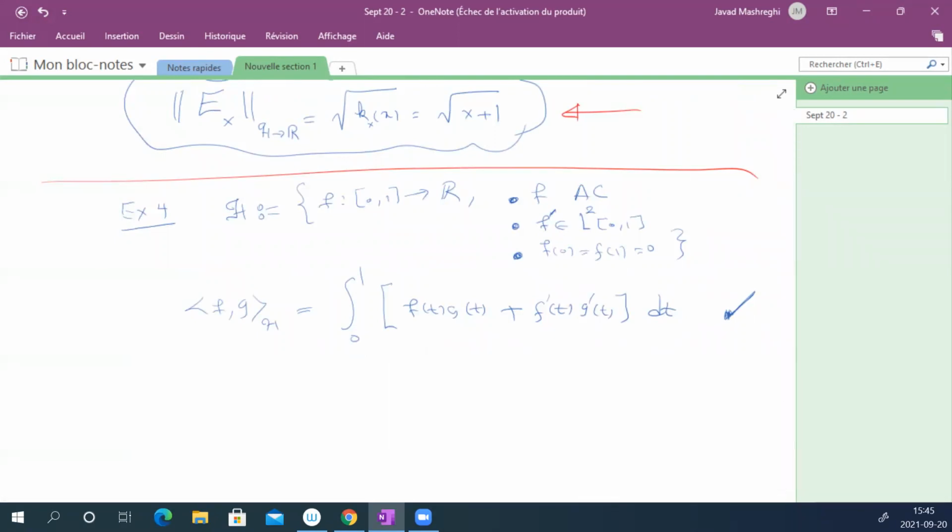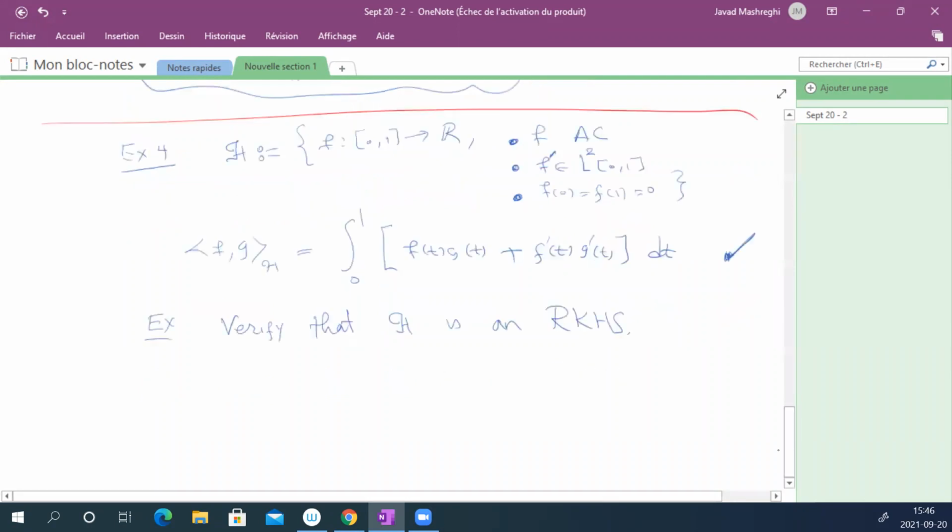The verification that this one is an inner product, and the norm is complete, is an exercise in a course like functional analysis. We have done it for example 1, and I leave it to you to do it for this example. So exercise: verify that H is an RKHS.